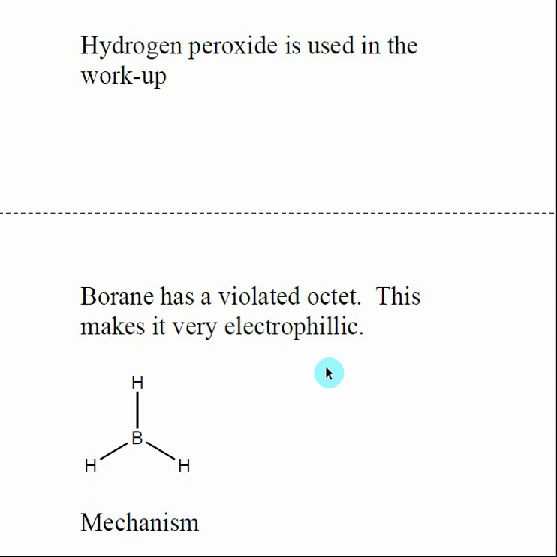They'll grab electrons from something. With borane, though, it actually can be stable as a violated octet. So borane is BH3. It only has 6 electrons around it. It's stable enough that you can actually have borane as a reagent. We can use it. It's stable over relatively long periods of time, but it really is electrophilic.